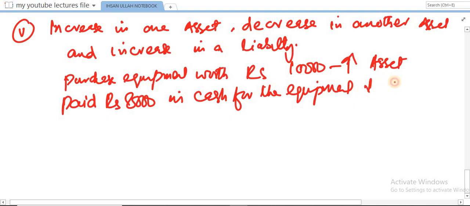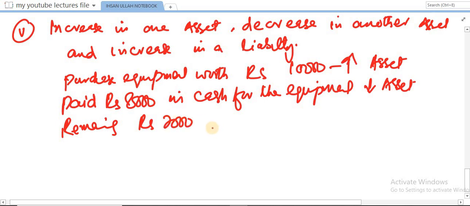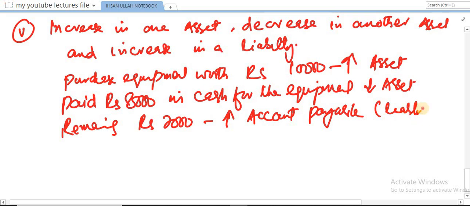Okay, so this will decrease your asset, which is your cash. Fine. The remaining Rs 2,000 of the equipment purchase, which was made on credit, will increase your account payable, meaning a liability account. Clear?